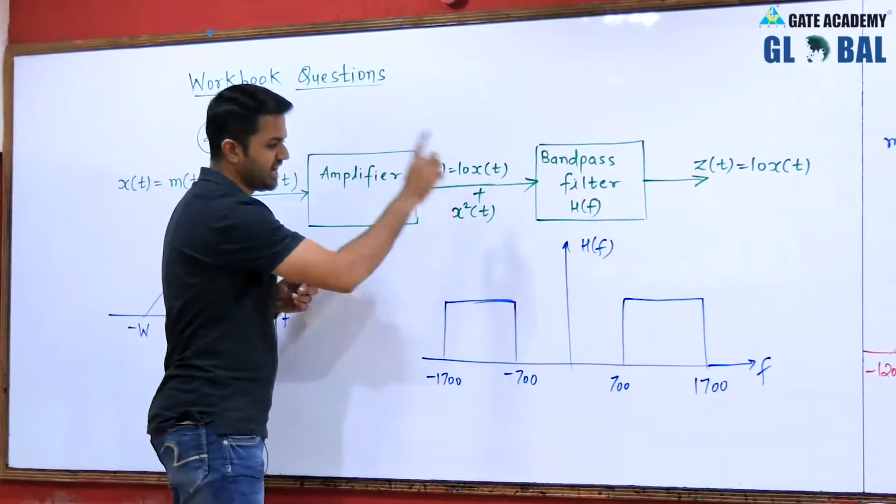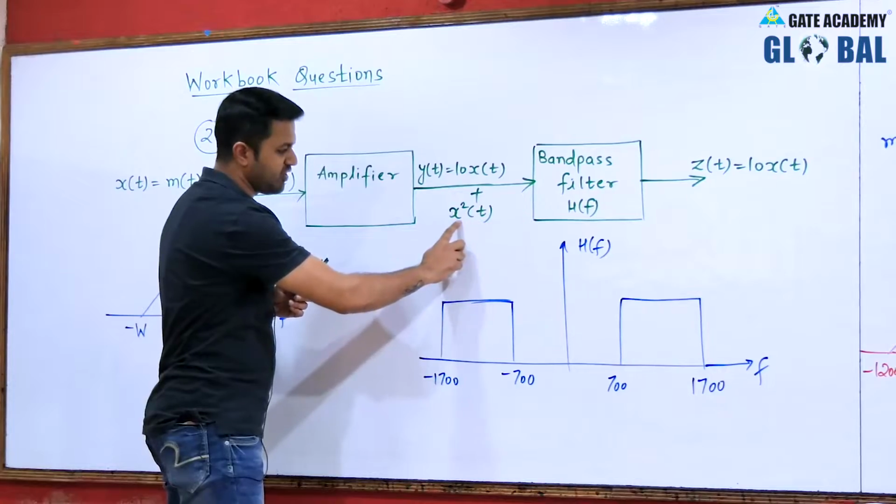So x of t has Fourier transform X of f, so we will get this spectrum as it is in the spectrum of y of t, and also we will get the spectrum of x square t.